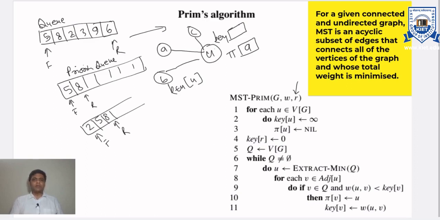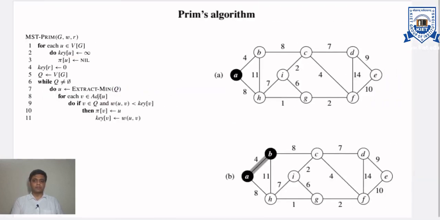Now let's see how we are going to calculate the MST through Prim's algorithm. In this slide I have discussed all the components of this algorithm. Now let's take it step by step, the manual procedure of what Prim's algorithm is going to do.